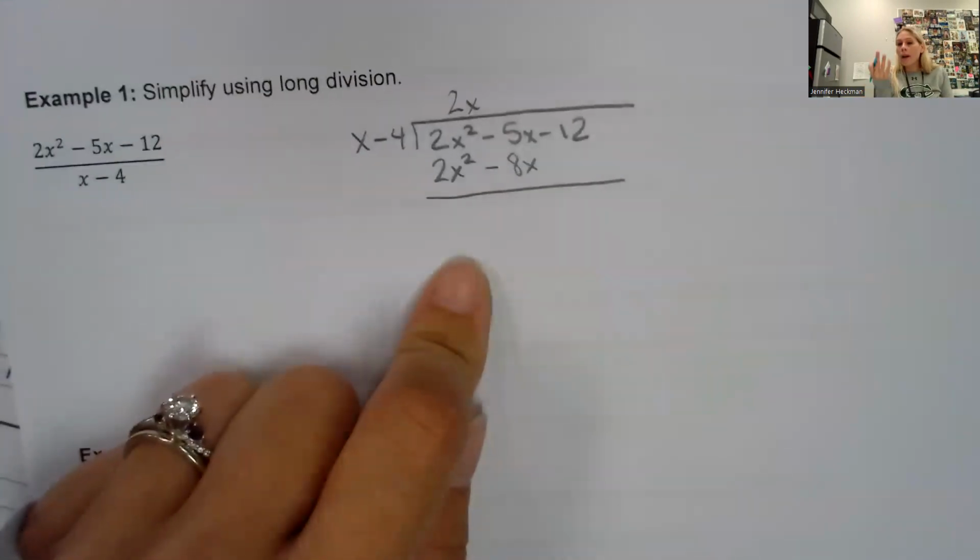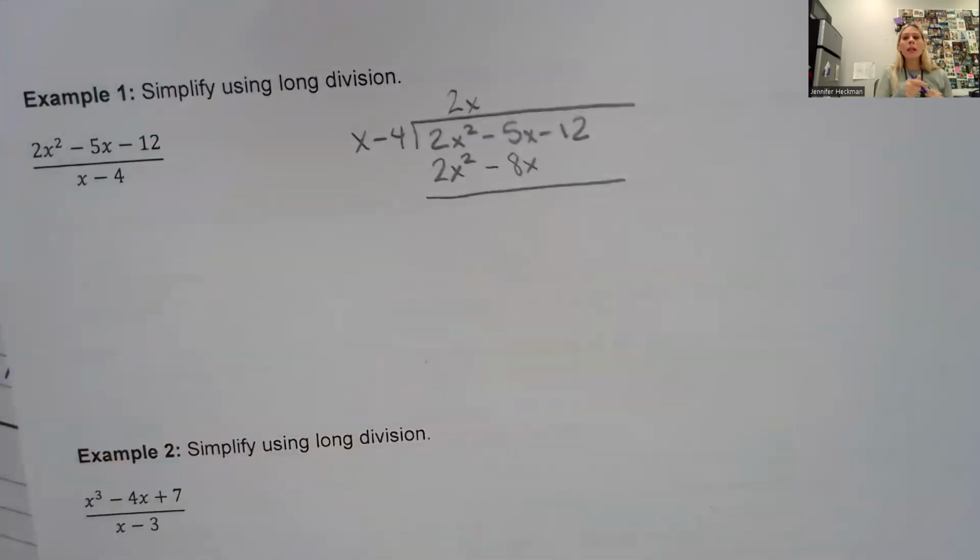Okay, so 2x times x is 2x squared, and 2x times 4 is 8x. Now, this is where it gets tricky, okay? Because right here we usually subtract, but I don't know about you, but negative 5 minus negative 8, we all like to do things in our head even though we shouldn't. So what I like to do is remember subtraction is like changing the signs, distributing the opposite, right?